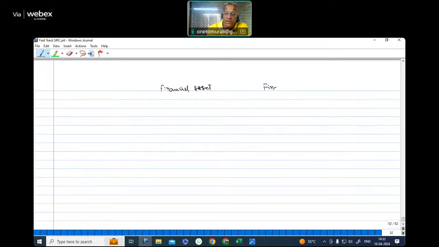Financial asset, the other one being, say number one, cash balance. Next one, investment in other companies, debt and equity.